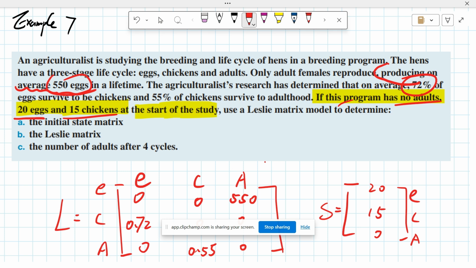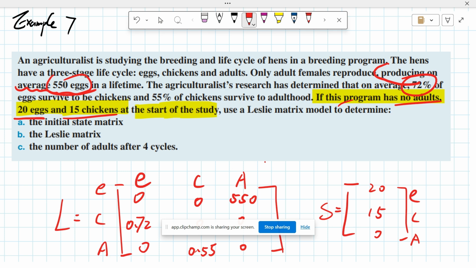So adults to eggs will be 550, and you cannot go from adults to chicken, so you cannot go in reverse. That's why it's 550 and 0, 0.